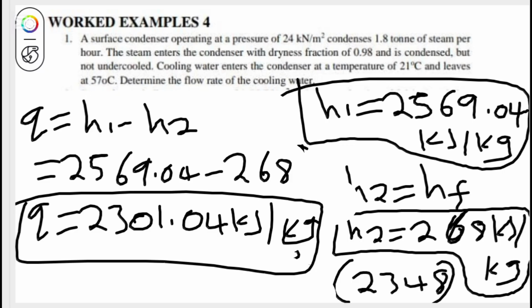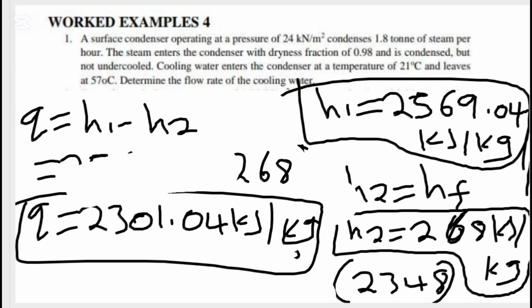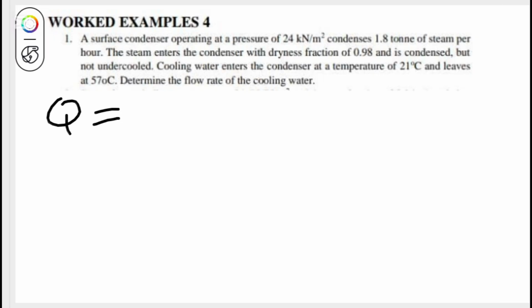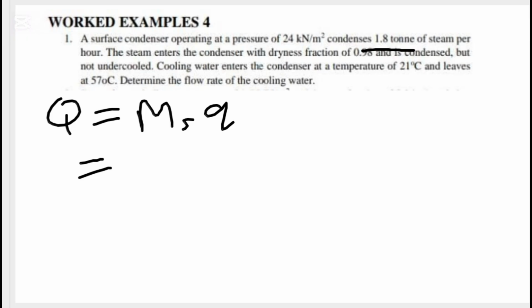So the next thing that I'm going to do is find the total heat removed per hour. The total heat removed per hour is the same thing as Q, which is equal to ms multiplied by Q. My ms is the same thing as 1.8 tons.